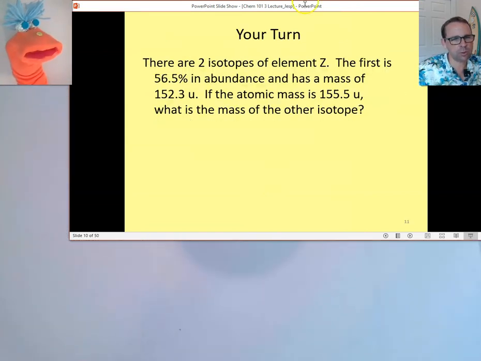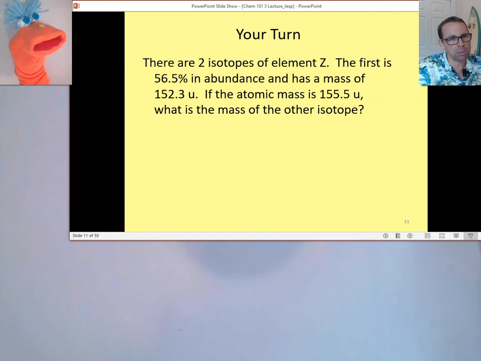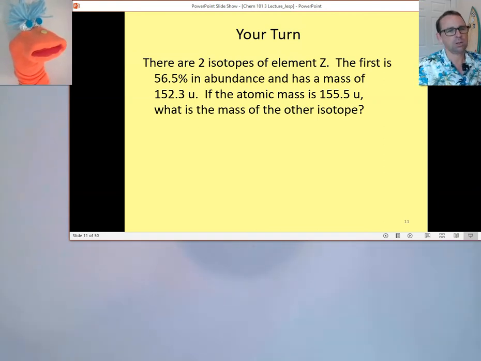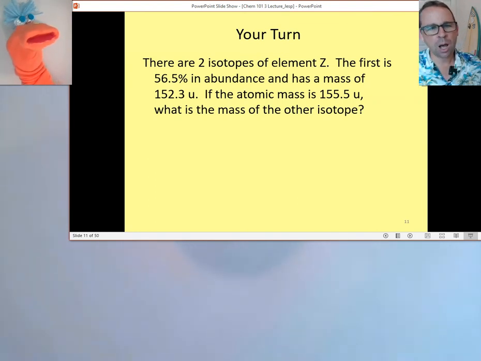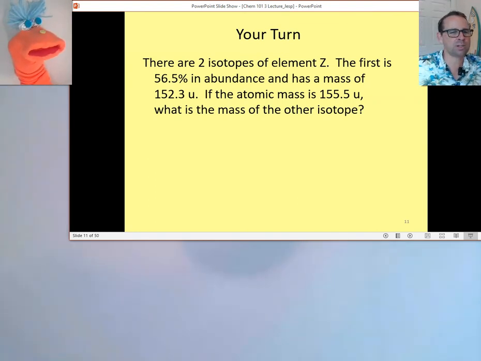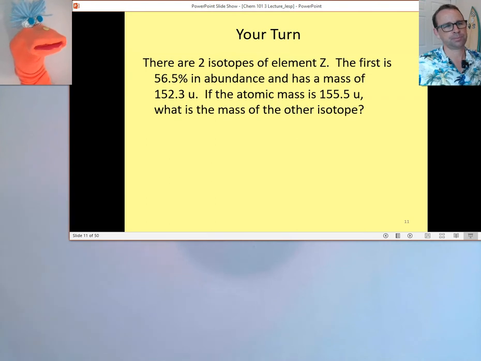So, moving forward now. There are 2 isotopes of element Z. The first is 56.5% in abundance and has a mass of 152.3. And if the atomic mass is 155, what's the mass of the other isotope? So, how would we set this up?